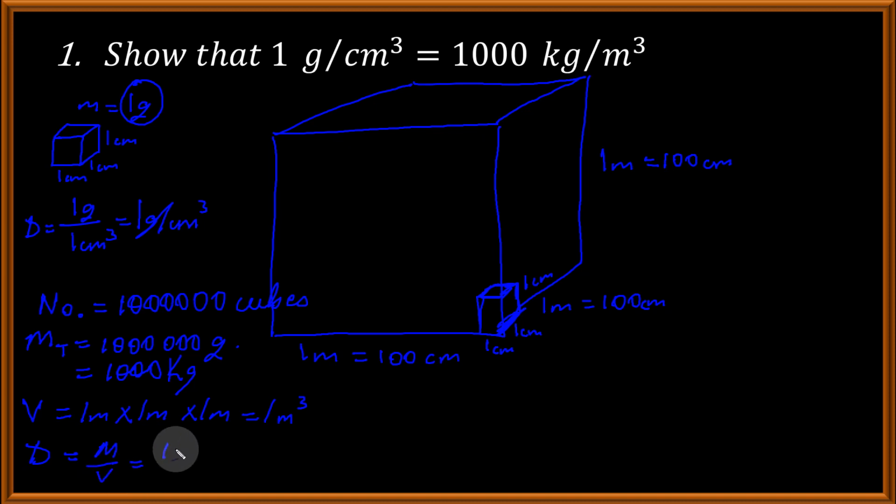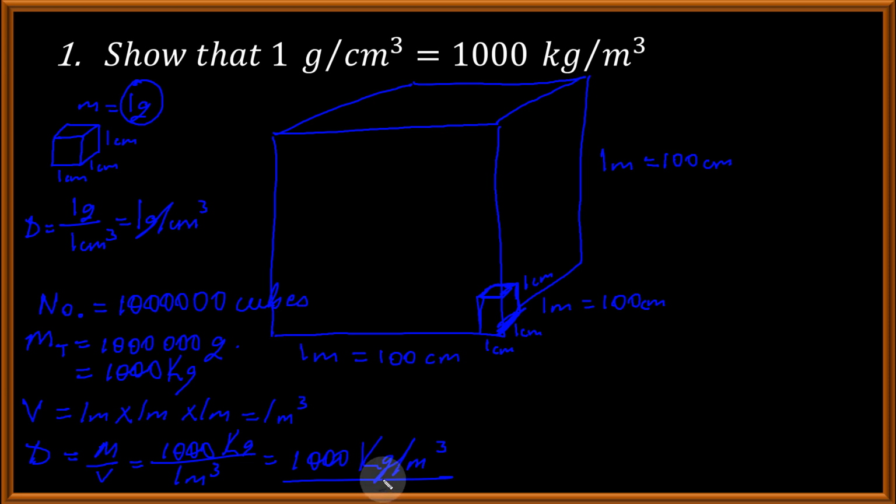The total mass is 1,000 kilograms, divided by 1 meter cubed, and the density is going to be 1,000 kilograms per meter cubed. Remember that the density of one of the cubes was 1 gram per centimeter cubed. Now I have calculated the density of this large cube, which consists of 1 million cubes.